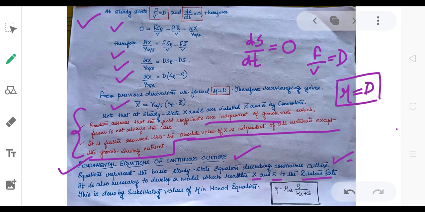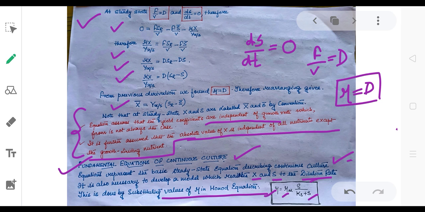So you should have an equation in which all three are related, and this is done by substituting the value of μ in Monod's equation. Monod's equation gives the relation μ is equal to μm·S divided by (Ks plus S).